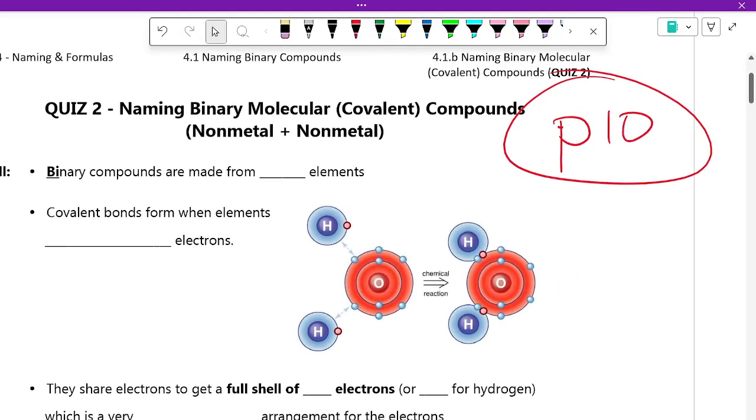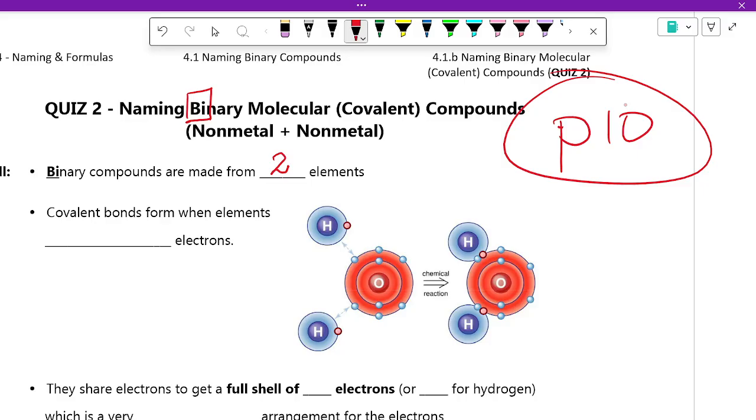Now you'll notice that we keep referring to binary compounds. How many elements do you think binary compounds are made from? 2 elements. So when we had ionic compounds, the 2 elements were a metal and a non-metal.